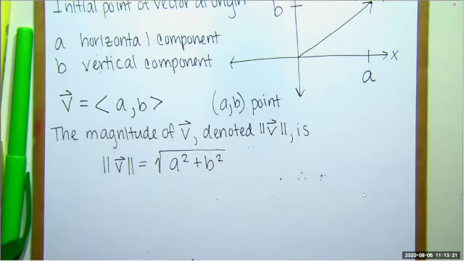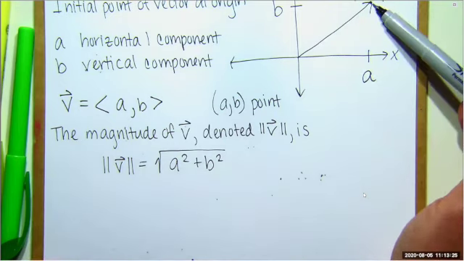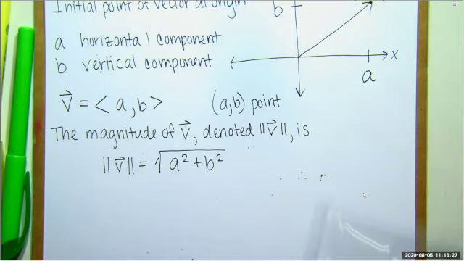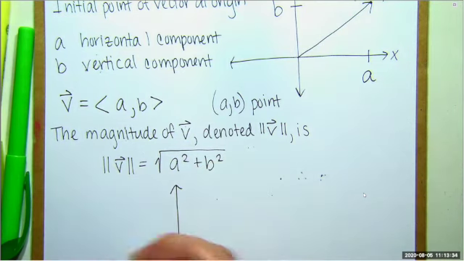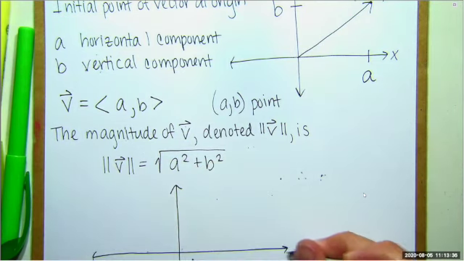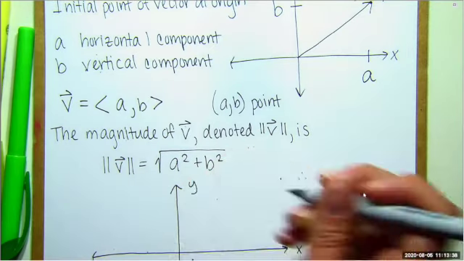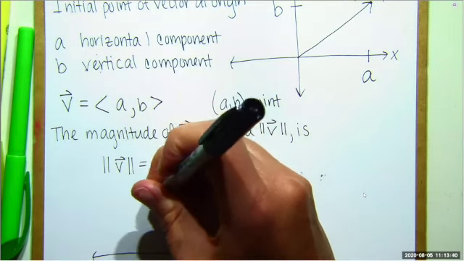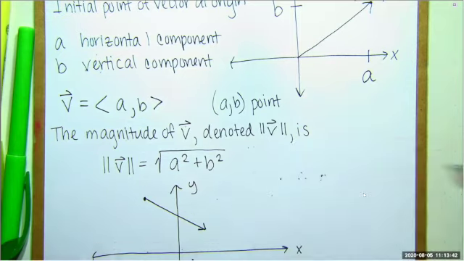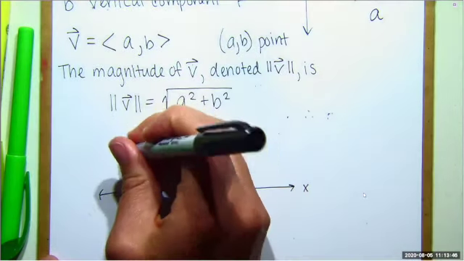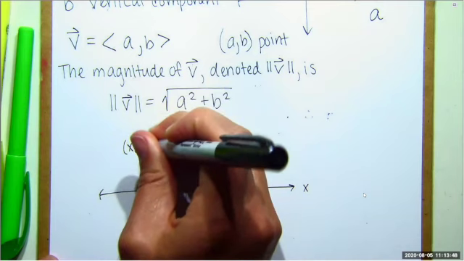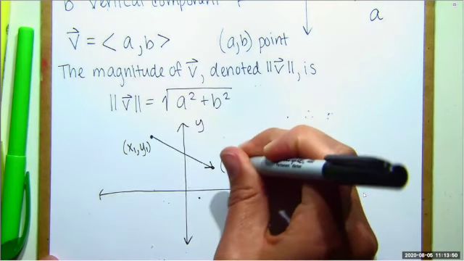All right, so what we want to do now is figure out how to come up with this position vector for any random vector. So here's a vector. This vector starts at the point (x1, y1), and the ending point is (x2, y2).